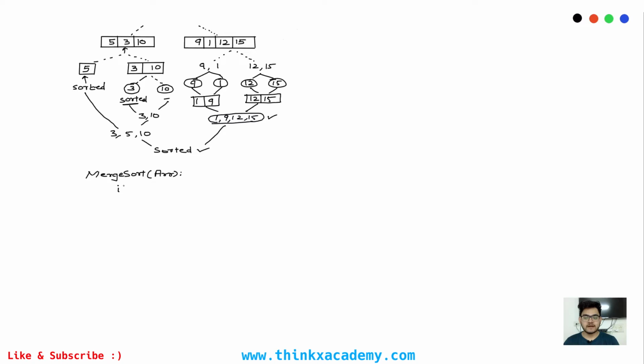So I will write a condition here that we are going to make the recursive calls only when the length of the array is greater than 1. It means that there are more than 1 elements inside of the array. So then only we are going to divide the array.